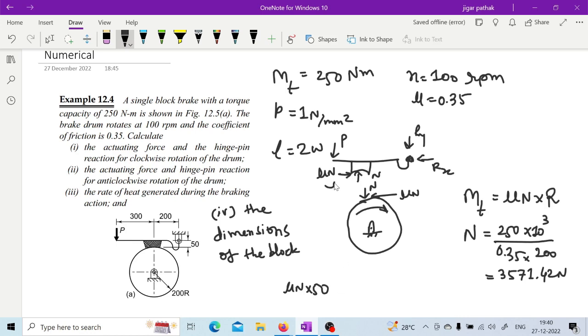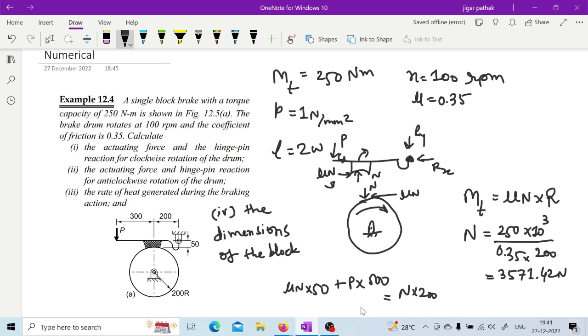Here this is anti-clockwise, for this P also anti-clockwise. So P into 500. This can be equated to this N into 200, because N is producing clockwise. Is it correct?